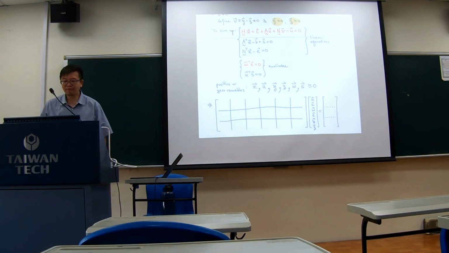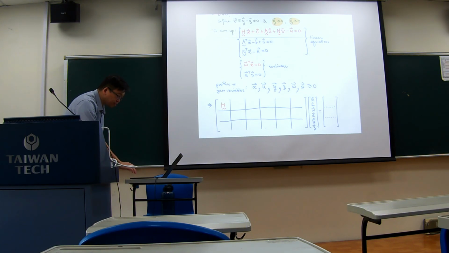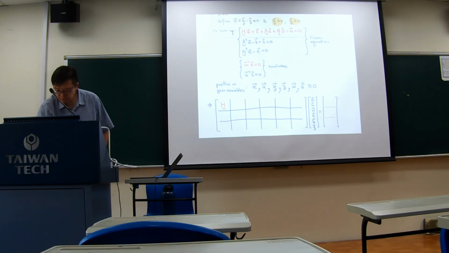Okay. The first linear equation, H times x, A transpose times u. I forget about the transpose. Oh, I tend to write it in this way. The first one, H is here.